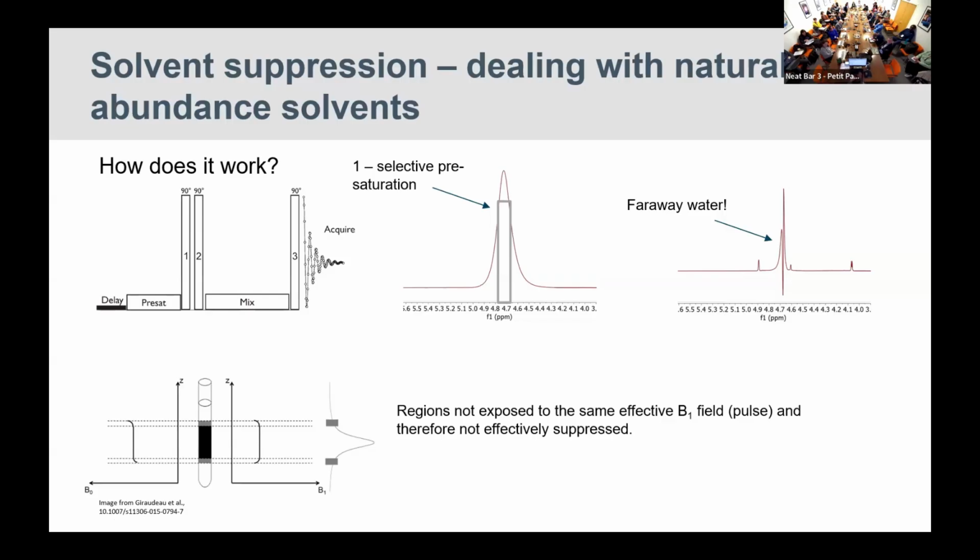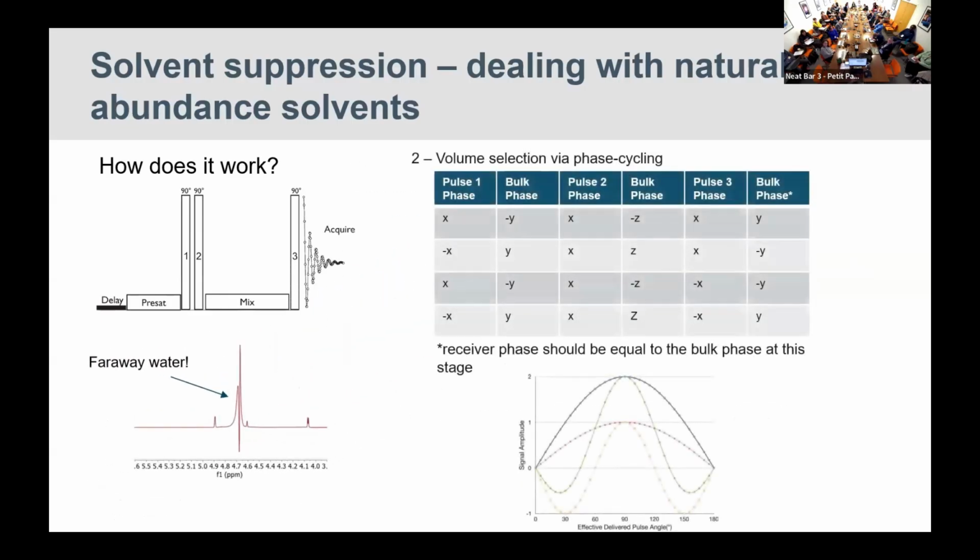And the way the NOESY sequence tries to solve it is actually doing something that we call volume selection. And it does it by phase cycling those three pulses that you see, those three 90-degree pulses, in a very smart way.